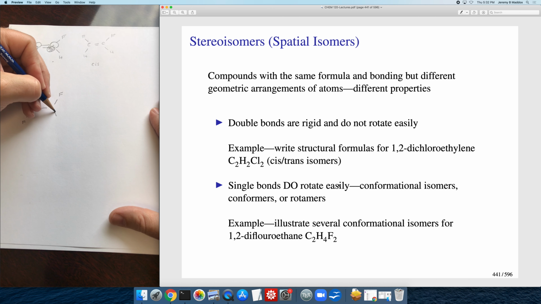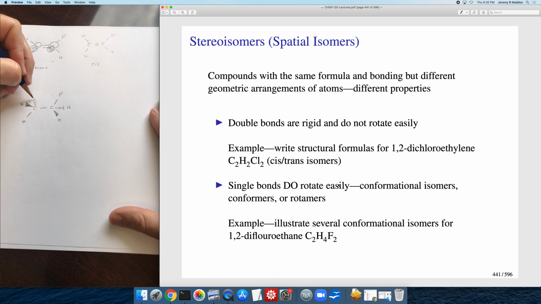And then I'm going to draw the hydrogens like this, which indicates that the carbon has an sp3 hybridization. Okay, so notice that there's 1, 2, 3, 4 electron pairs around each carbon. So that's the tetrahedral or sp3 hybridization.